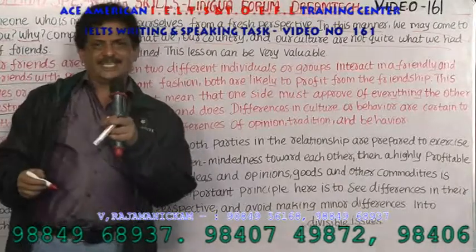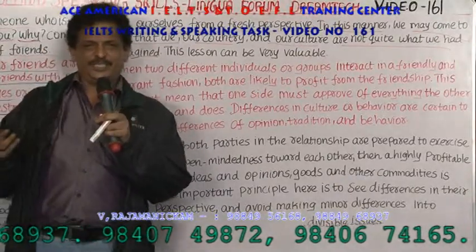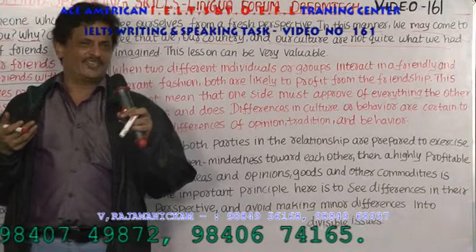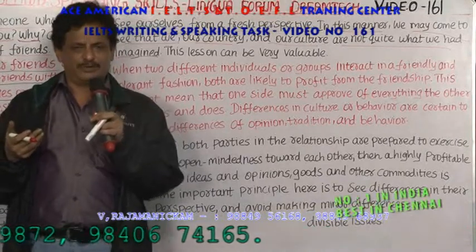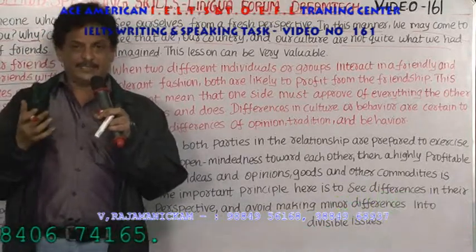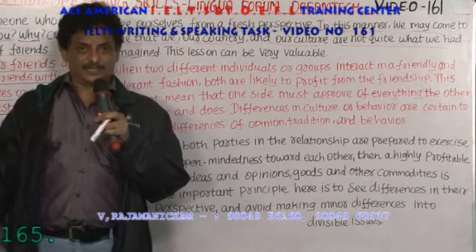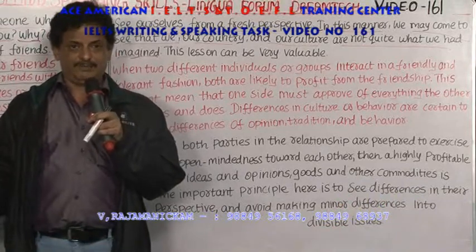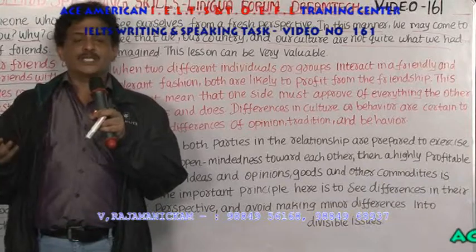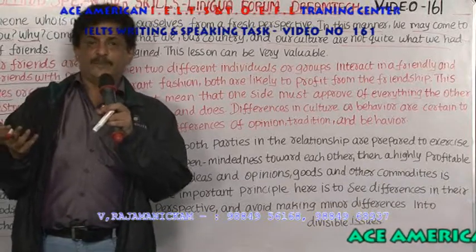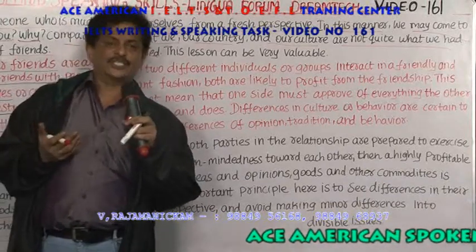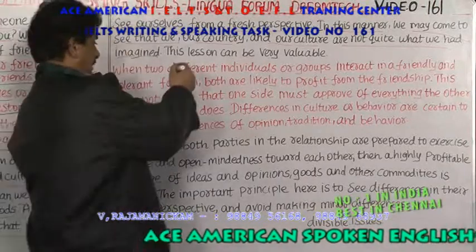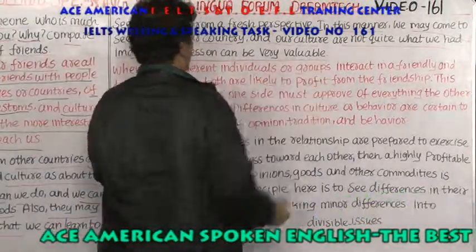Once you are able to differentiate your culture from your friend's culture, whomever you have befriended, then you will be able to understand what your culture is all about. Really, once again, you are deeply understanding and finding out. Once you are able to find out the differences between your culture and your friend's culture, this lesson can be very valuable.